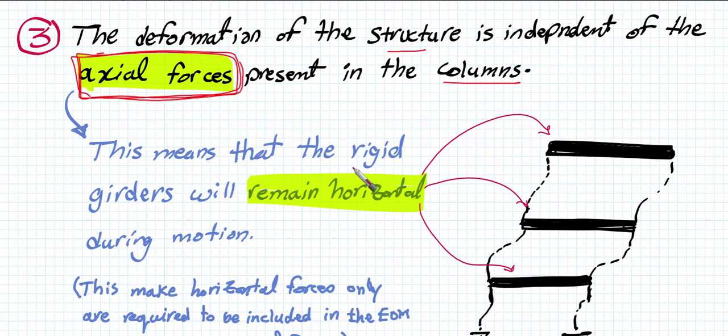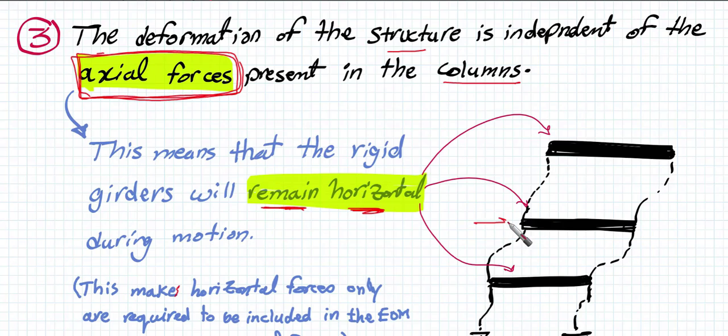This means that the rigid girders will remain horizontal during motion. This means that only horizontal forces are required to be included in the equation of motion, and there is no need for the inclusion of axial forces.